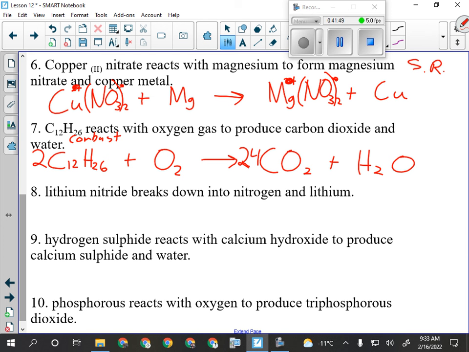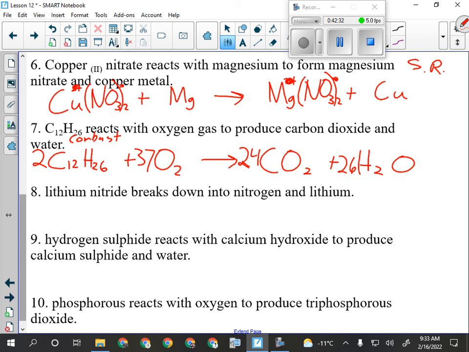I've got 52 hydrogens, 2 times 26, so I got to go over here and put 26 there. 26 times 2 is 52. And now I've got to look at my oxygens. I've got 48 oxygens here in the carbon dioxide, 24 times 2, plus another 26 more is 74. Yeah, I think so, 74. And then 74 over 2 would be 37. That's right, right? It's dangerous when I do math in my head.